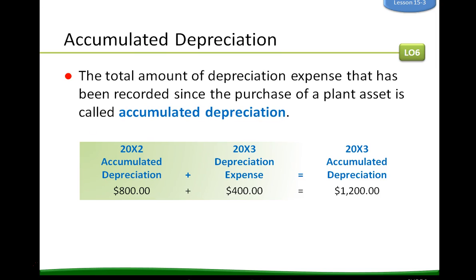So 2002, the accumulated depreciation is $800. 2003, we need to add another $400 to it for an accumulated depreciation of $1,200. So we lose $400 in 2001, $400 in 2002, we add another $400 in 2003. So in 2003, our accumulated depreciation is up to $1,200.